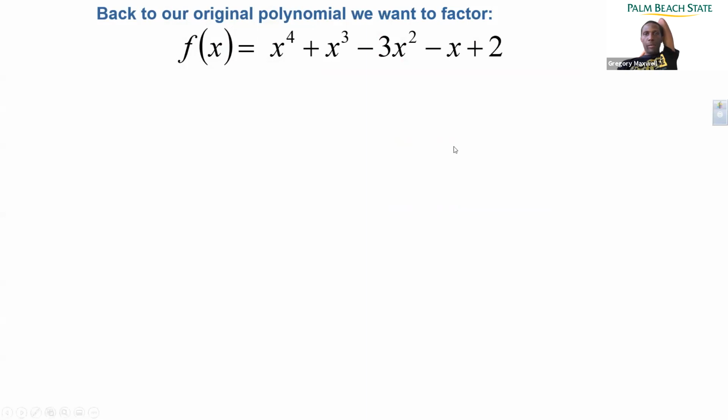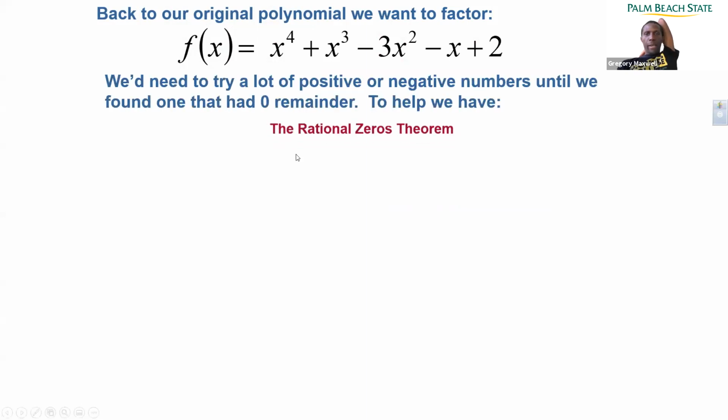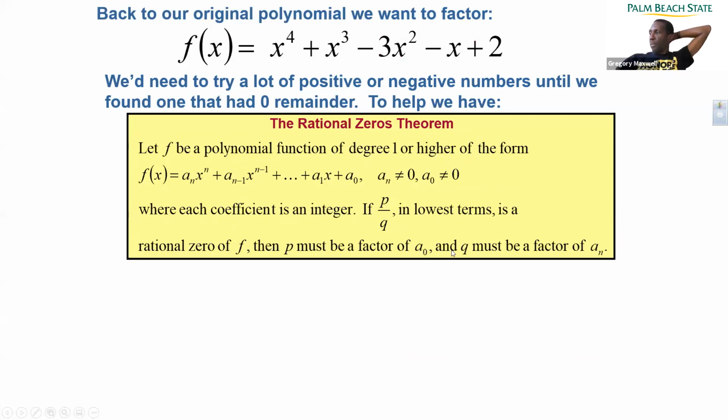Now back to the original equation, we want to find out the factors, and this is a big theorem that is going to help us. And that's how I could know which factors to try, and now I knew that in the other question, the factor we tried didn't work. If you have a polynomial with integer coefficients, that means all the coefficients are integers, positive or negative whole numbers, or 0.